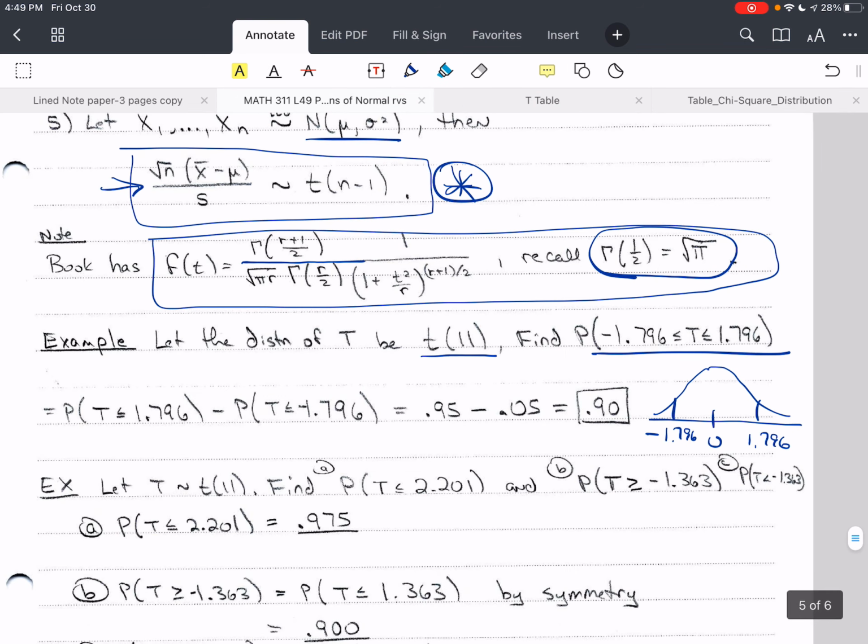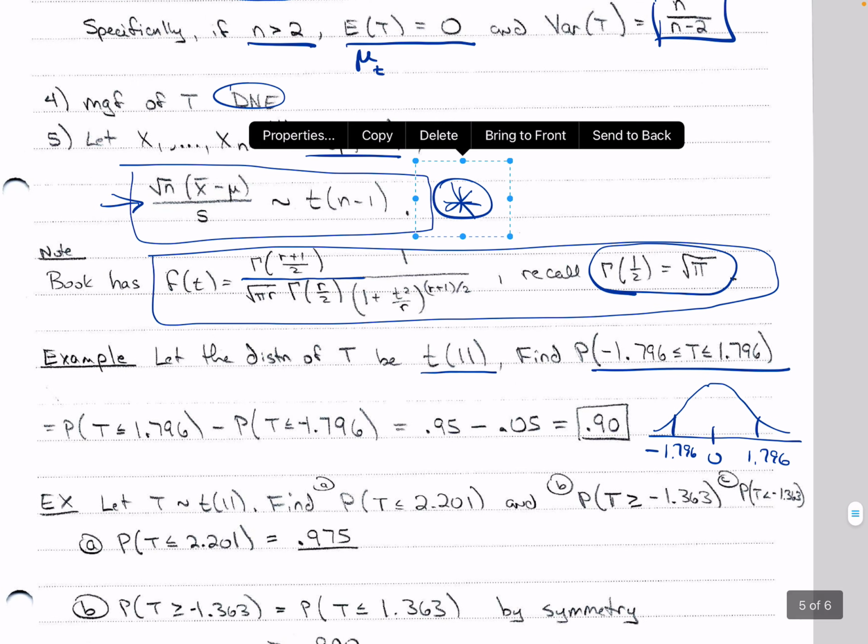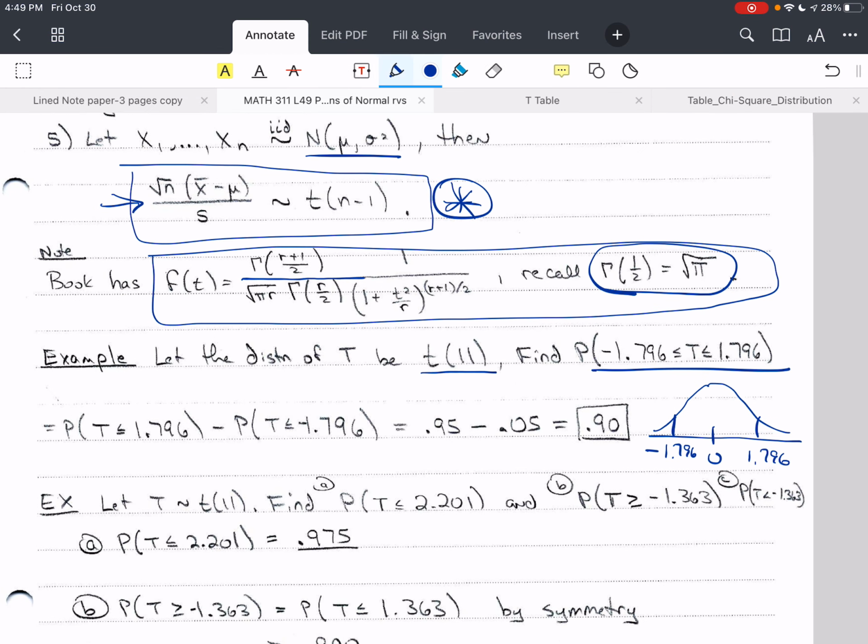So from here, this way is going to be 0.95. And that means that this amount is 0.05. They have to add up to 1. Now, by symmetry, the area over here in this tail is the same as this area here, which is 0.05. And so to get the area in between that's not shaded, we subtract 0.05 from 0.95. And that's what we've done here, and the difference is 0.9.